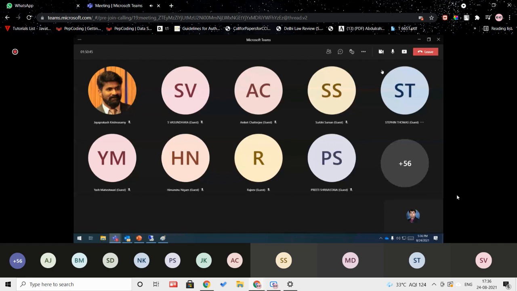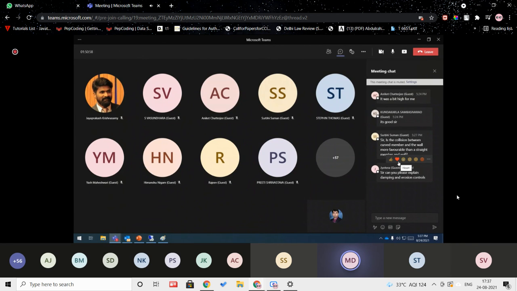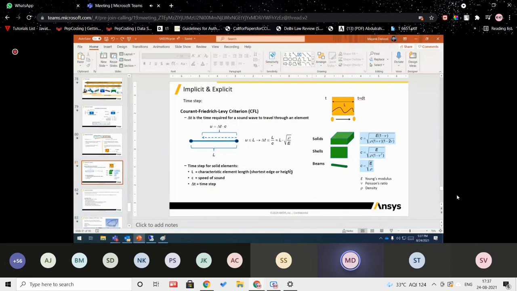One more question from Josna we have here. Sir, can you please explain damping and erosion controls? So see, erosion is something like when sometimes analysis becomes unstable, or your elements, let's suppose solid elements, are failing because of negative volume.